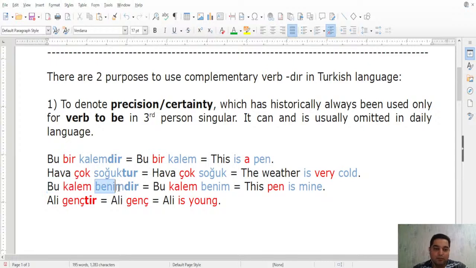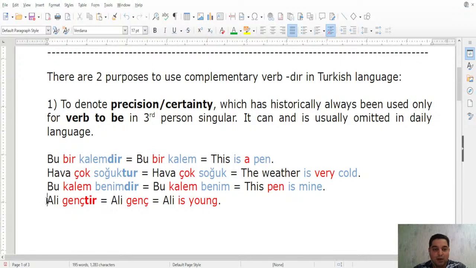Benim means mine or my, but in one of the last classes we already noted that in this context it means mine. So bu kalem benimdir has the same meaning as bu kalem benim: this pen is mine. You can omit this dır quite normally and nothing will change in terms of meaning.